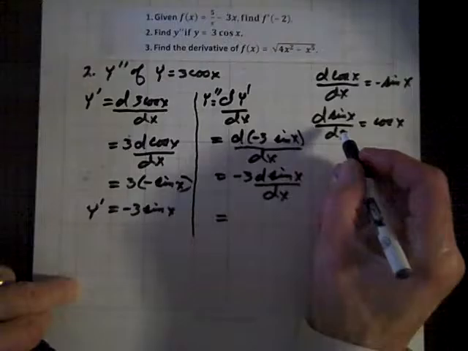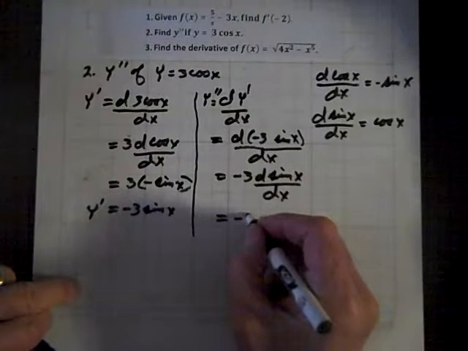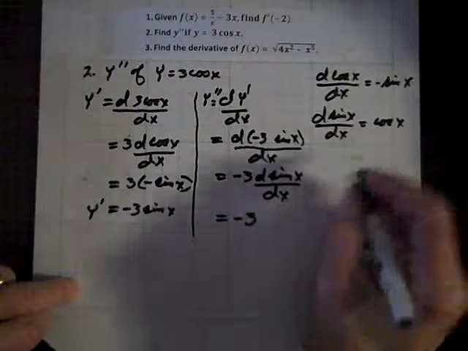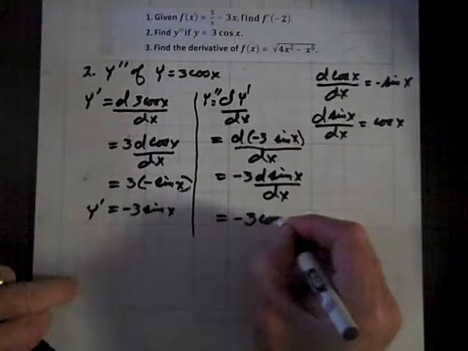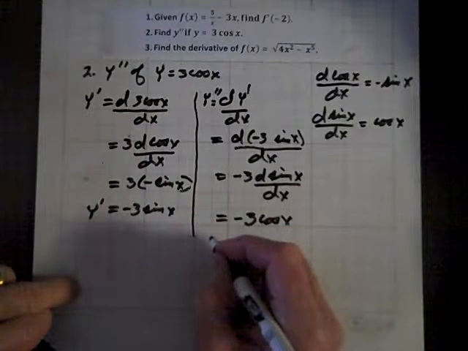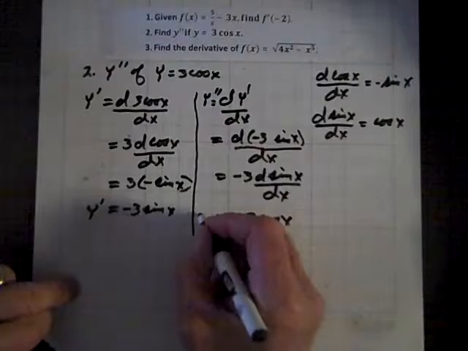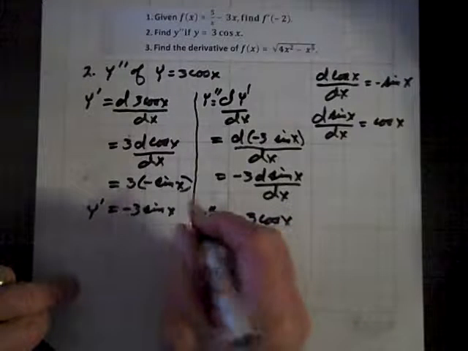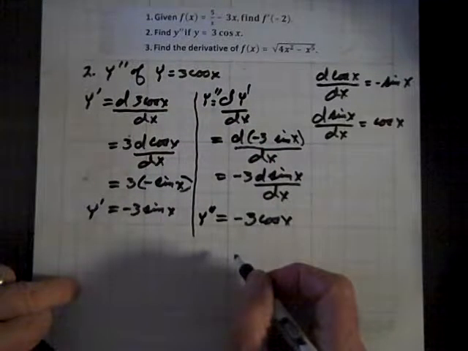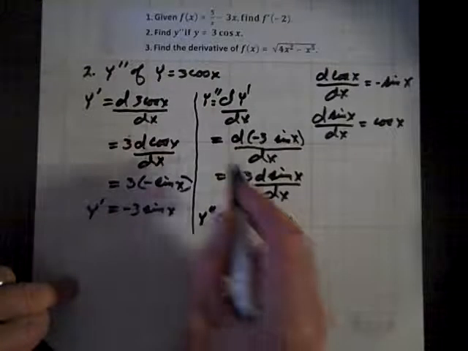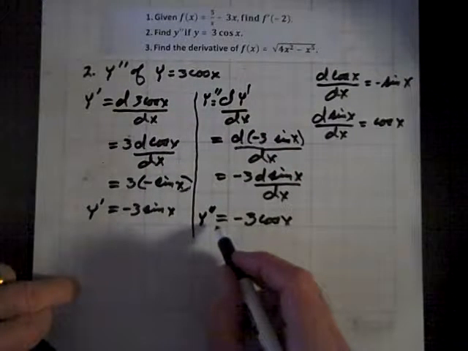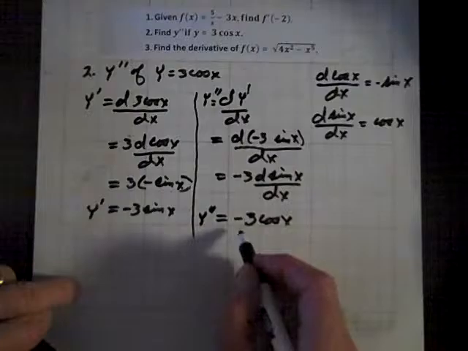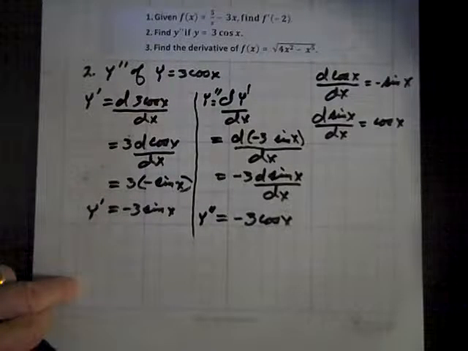But we know that the derivative of sine of x is cosine of x. So now we know that y double prime of the given function y equals 3 cosine of x is negative 3 cosine of x, and we're done.